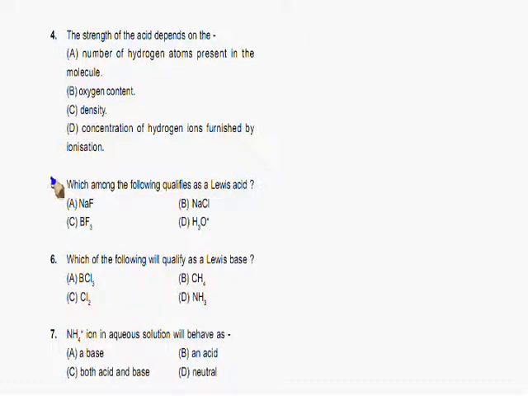On the basis of the Arrhenius concept, an acid is a substance that can give H+ ions, and a base is a substance that can give OH- ions. So the acidic strength depends on hydrogen ions, not hydrogen atoms, and on the concentration of hydrogen ions. That's why the correct answer is D.